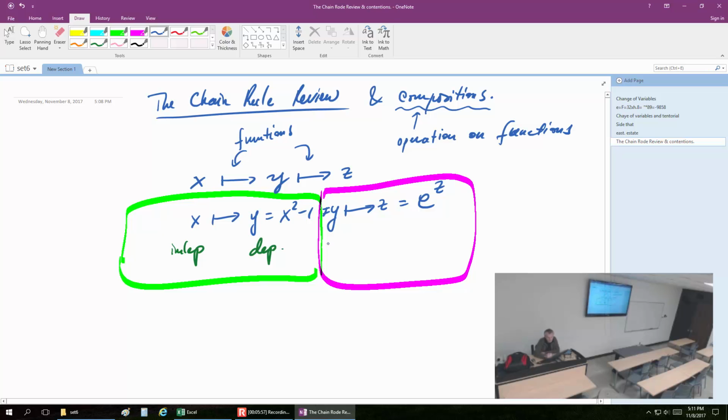And then y is the independent variable, z is the dependent variable. And as you can see, why do we call it substitution? That's why we call it integration by substitution, because of this substitution.